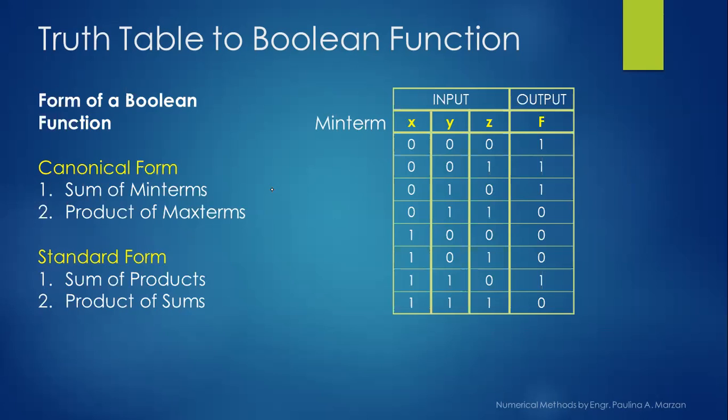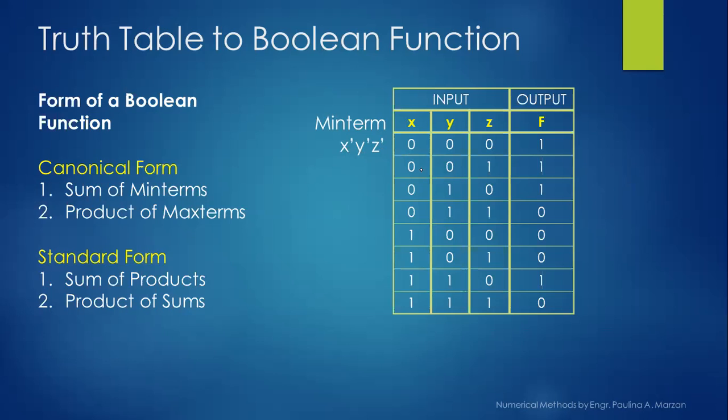So for the combination of x, y, z as 0, 0, 0 respectively, the min term is actually x prime, y prime, z prime. So as you can see, all of the input variables are present. They are operated by AND, and when the value of the variable is 0, then the literal is prime.